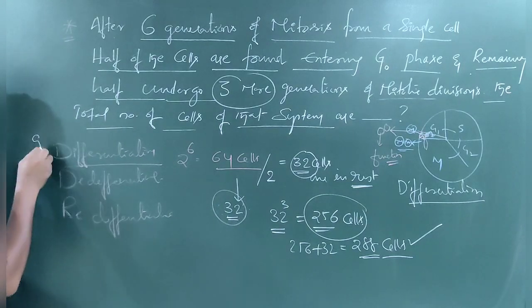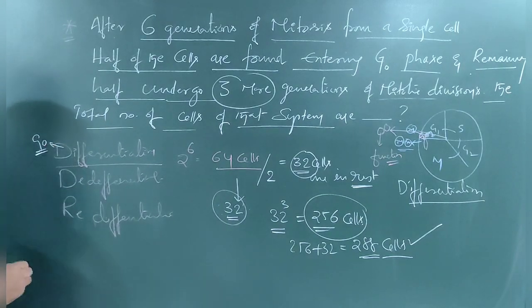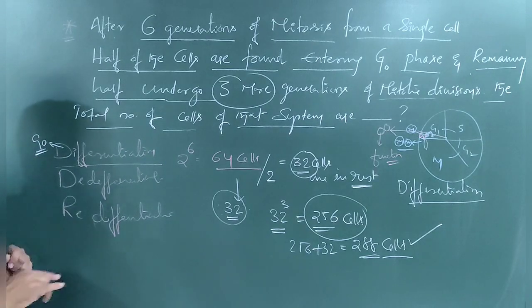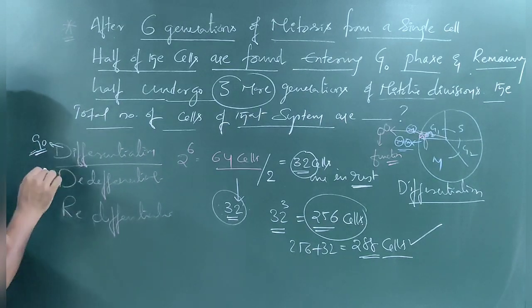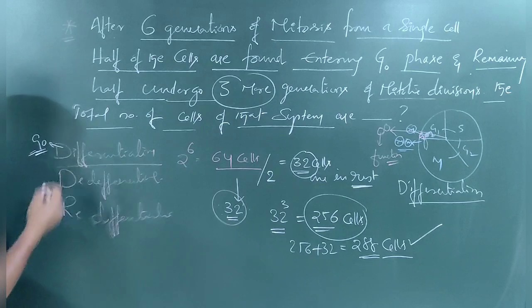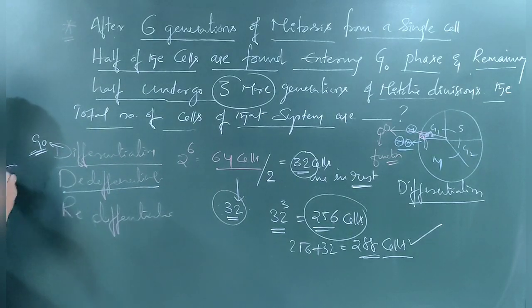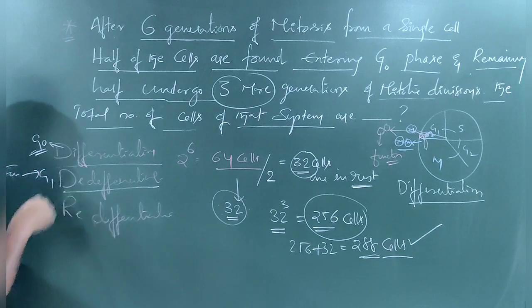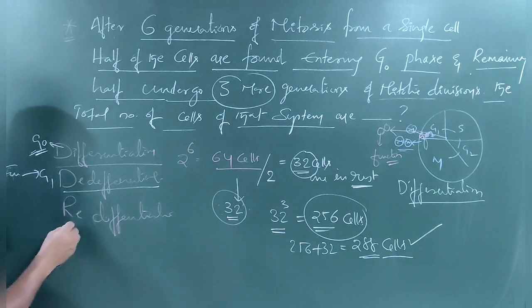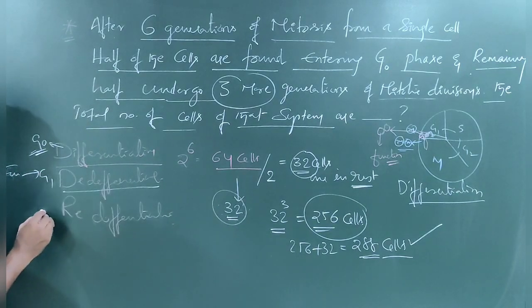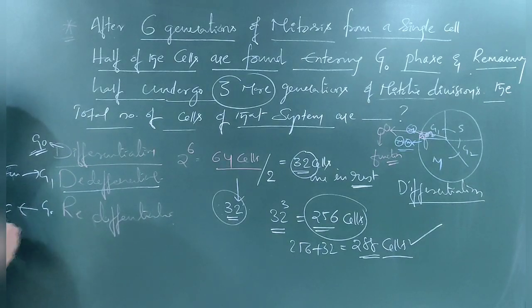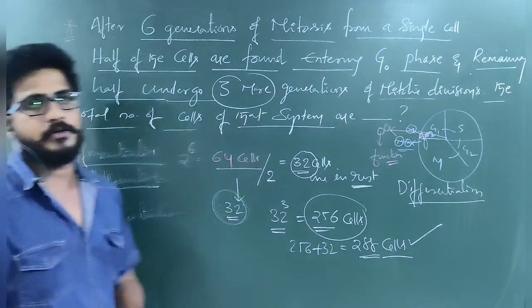A cell comes through the G naught, away from the cell cycle, which is in function or rest. Whereas de-differentiation means what? It is from function to G1. What is re-differentiation? Again from G1 to G0 to function. So these are our three different phenomena.